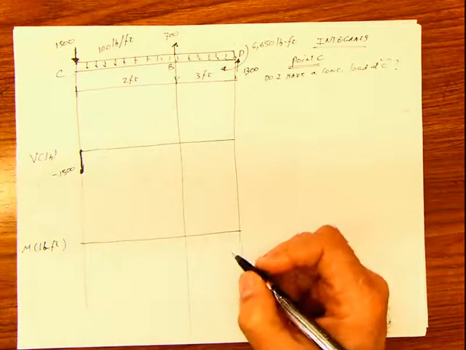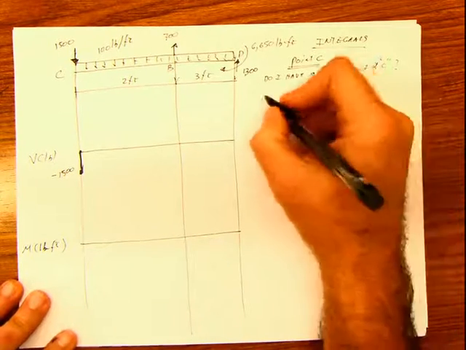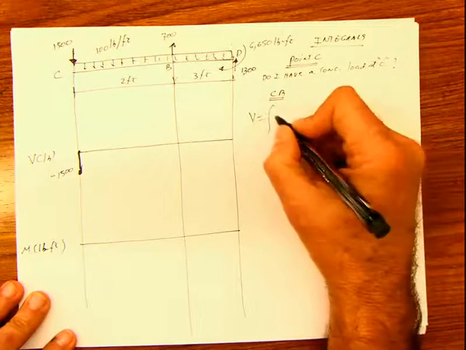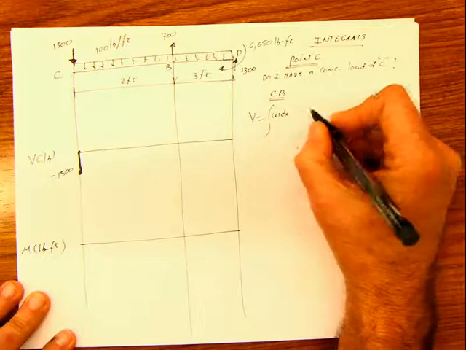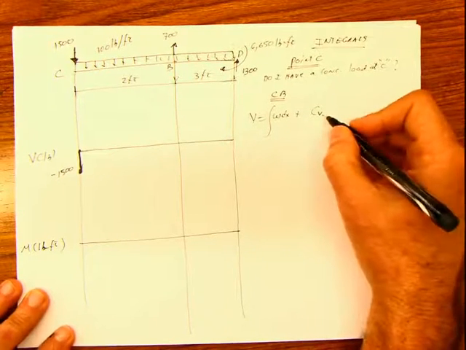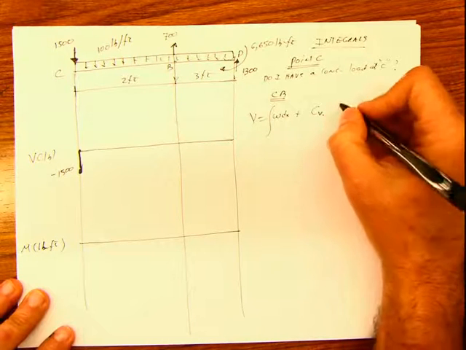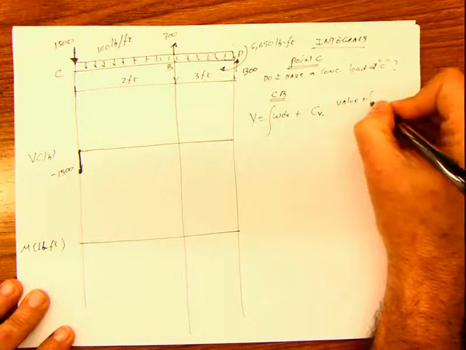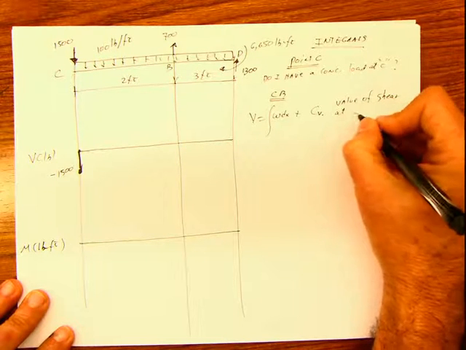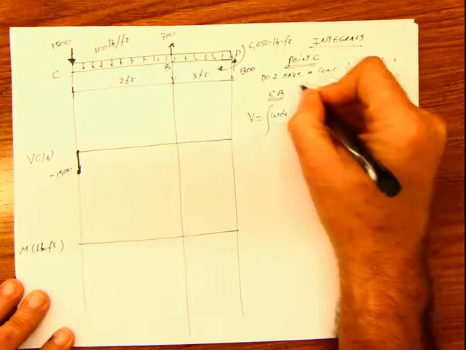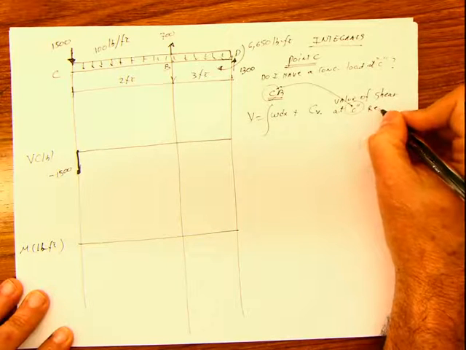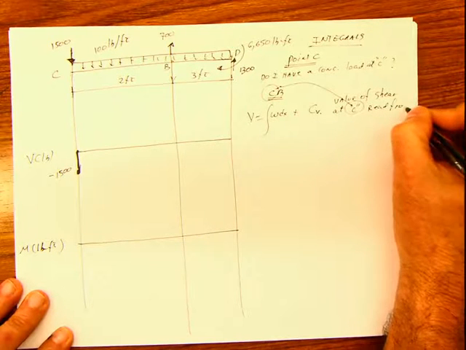From now on, we apply our method of the integrals, and we go to CV. Remember, the shear is the integral of the load, dx, plus this coefficient that I'm calling CV. And CV is the value of the shear at the beginning, meaning at C, directly read from the diagram.